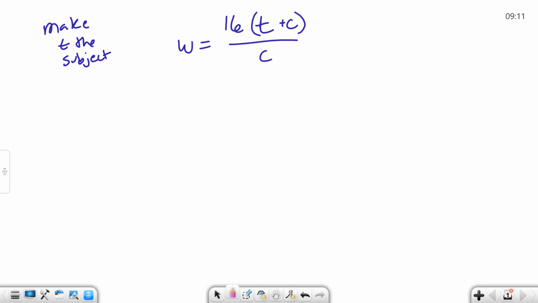Welcome back. Let's see how you did. First thing we're going to do is multiply c on both sides. So we get wc is equal to 16 times t plus c. We have to distribute. We saw that in one of the earlier examples. So we have 16t plus 16c.